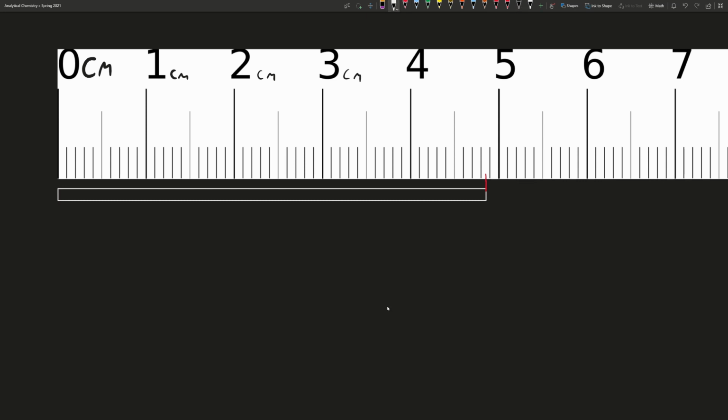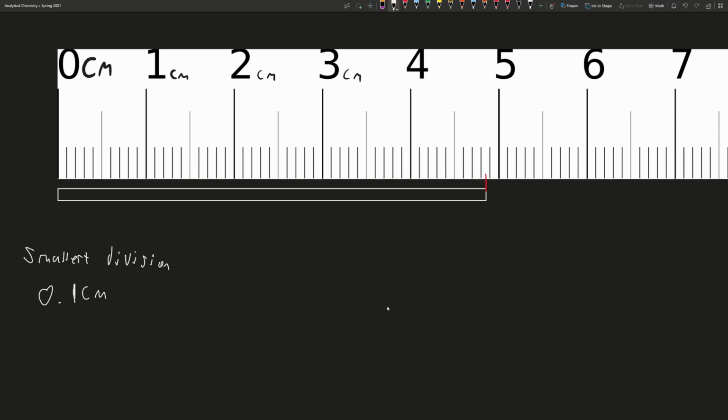So the smallest division on this ruler would be 0.1 centimeters, because that is essentially what the smallest division is.